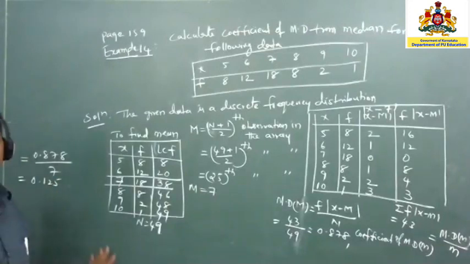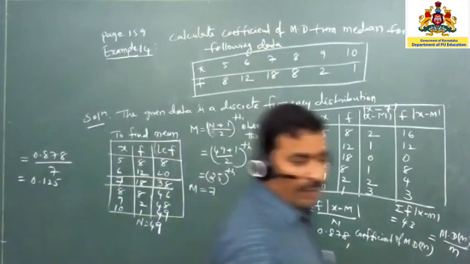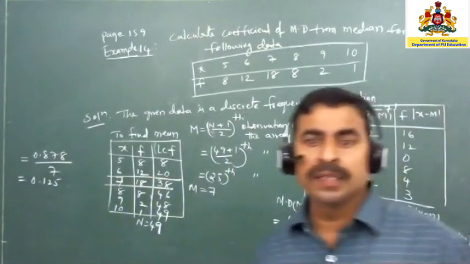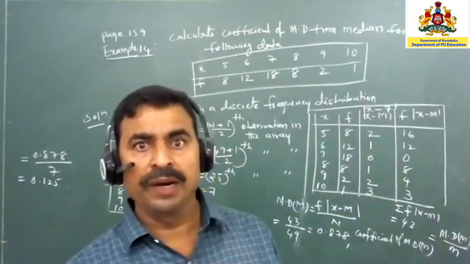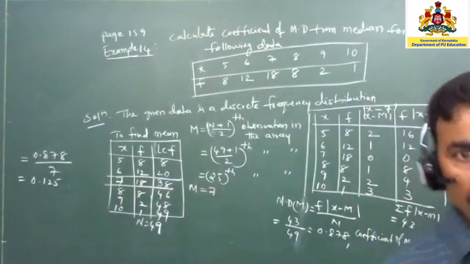I think you understood how to calculate mean deviation from median for a discrete frequency distribution. I'll continue in the next class.